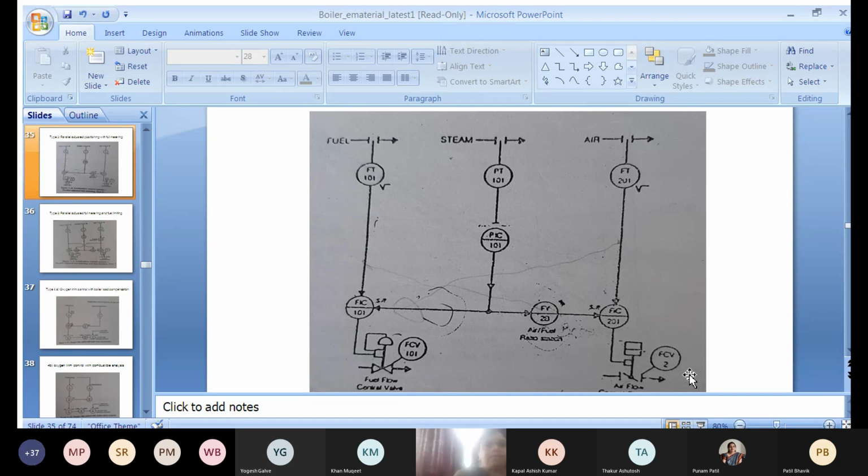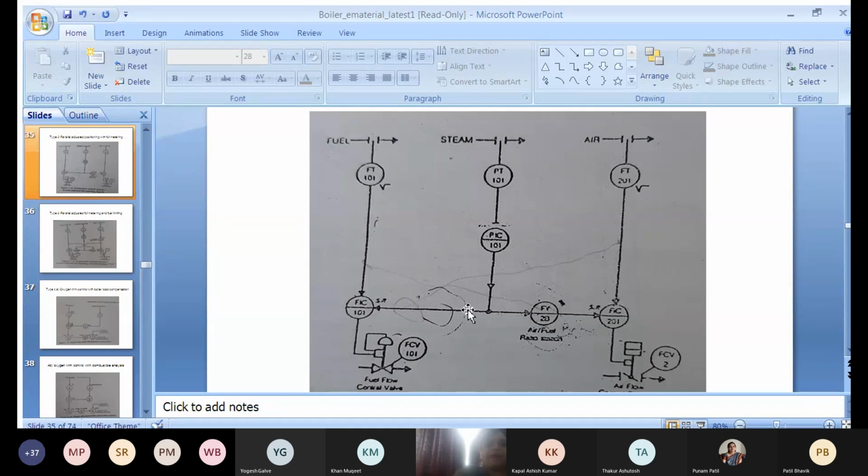What is our objective? Combustion control. To control combustion, what do we have to do? We have to control the flow of fuel and air supply, right? And this flow is controlled depending on the demand of the steam. That's why we have to consider this steam line also. So air and fuel flow is controlled by using the steam demand.